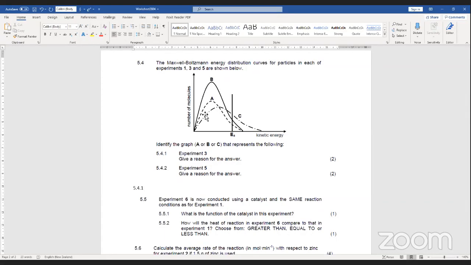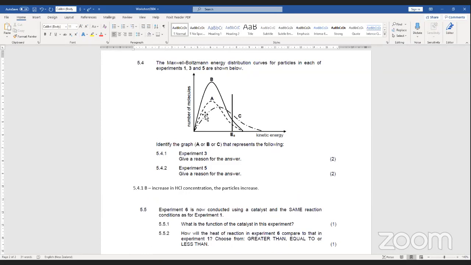So the answer here will be B, and our reason will be there's an increase in HCl concentration, and that means that the particles increase. Okay, does that make sense to everyone?